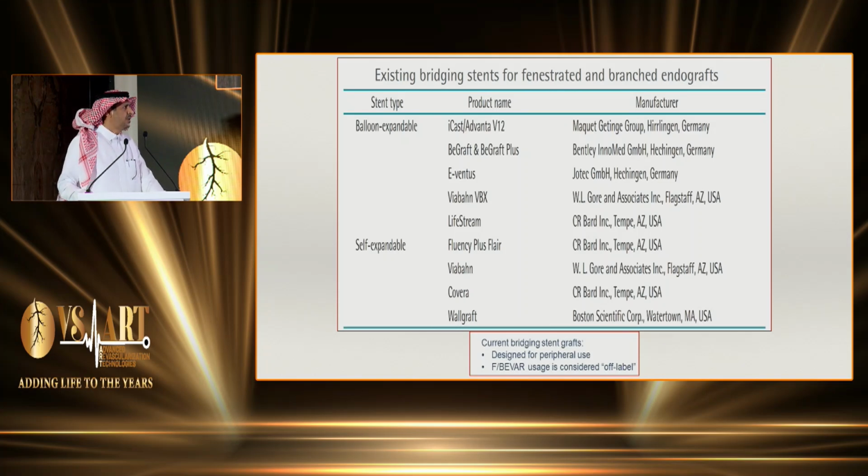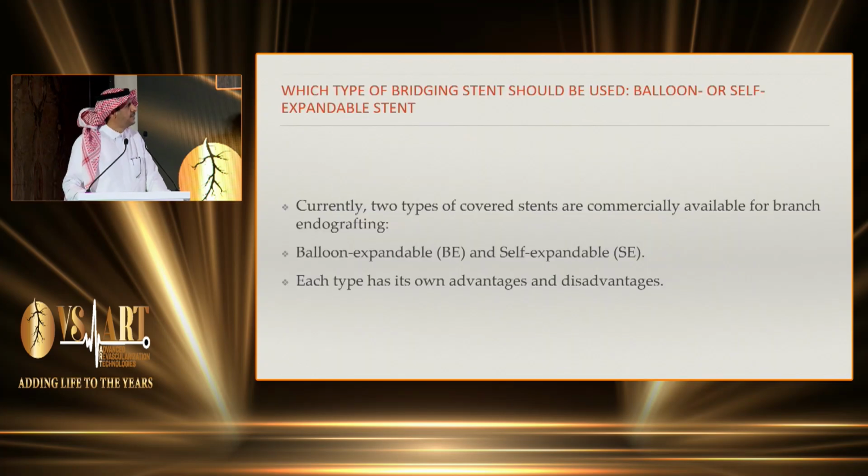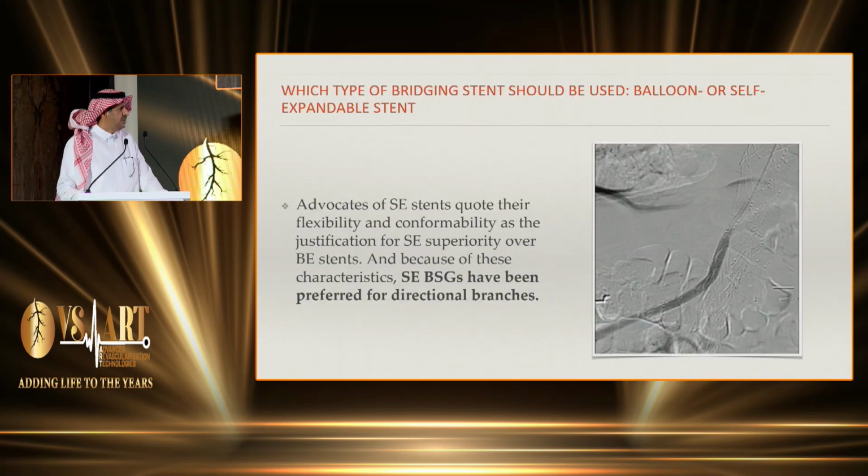We know V12, BeGraft, even VBX, and Advanta for the balloon expandable, and for self-expandable we can use Fluency, Viabahn, or Covera. Each type has its own advantages and disadvantages.